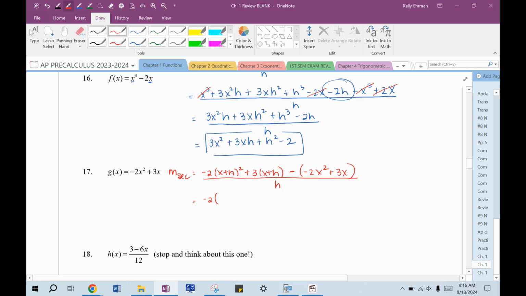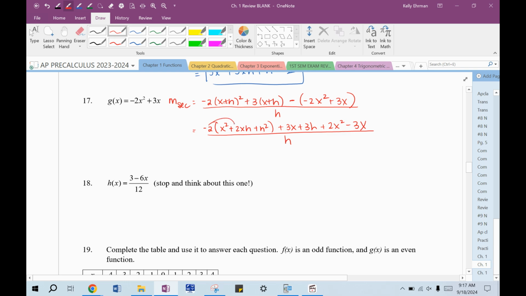Negative 2 times, square this out, x squared plus 2xh. Some of you on your quiz, you had just xh, but it's 2xh plus h squared. Distribute the 3 through, plus 3x plus 3h. Distribute the negative through, plus 2x squared minus 3x. All of that's over h.